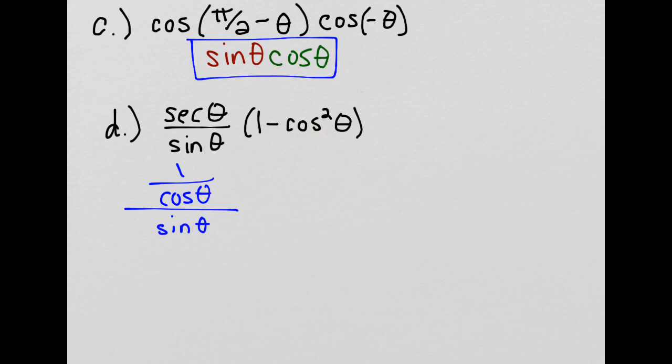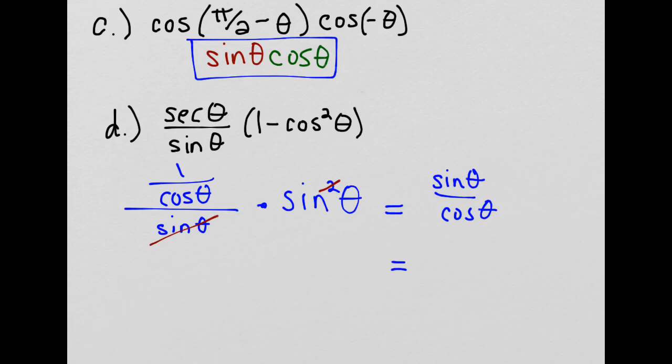So this we can rewrite as just sine squared. Look here, we can cancel out this sine with one of these sines. So we are just given sine theta over cosine theta, and that is equal to tangent theta. And that's as simple as we can go.